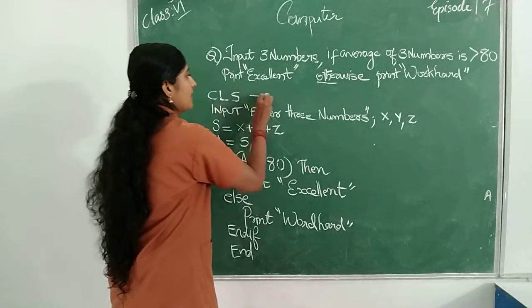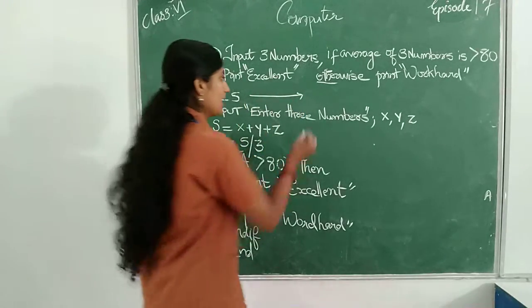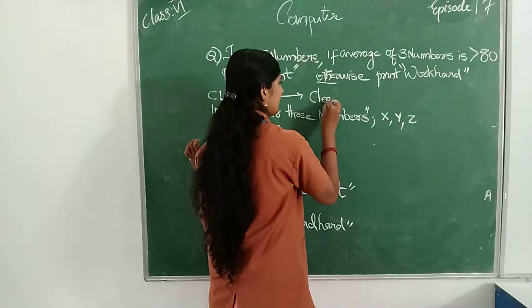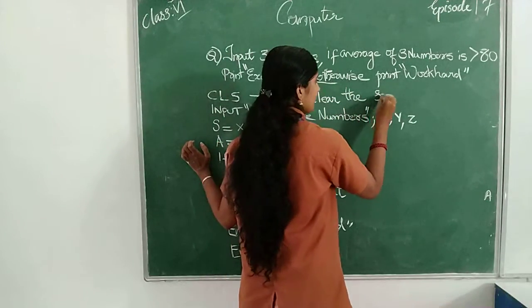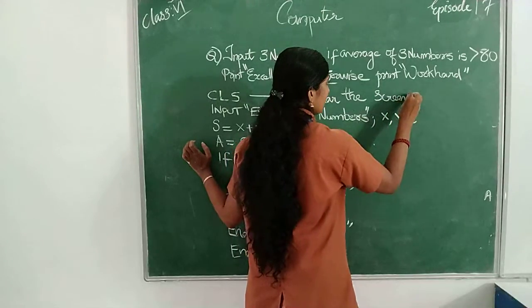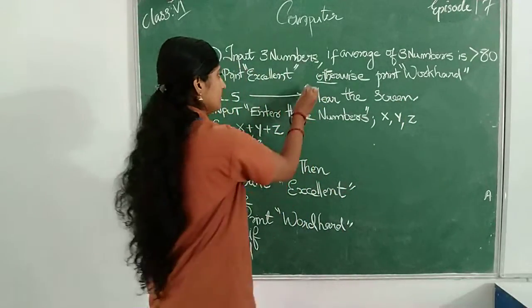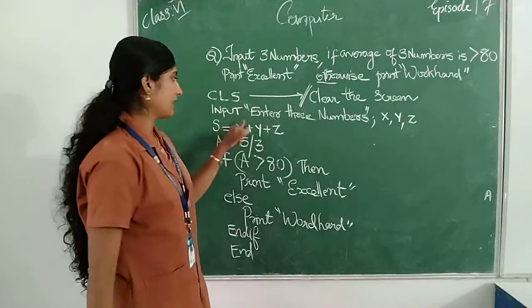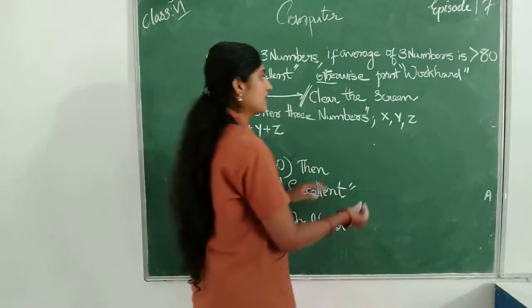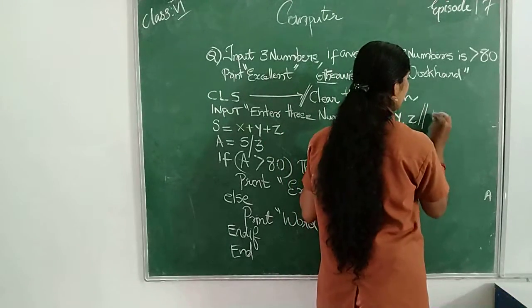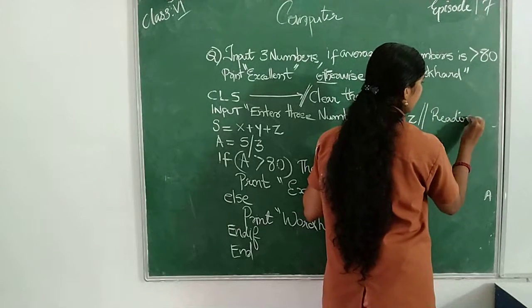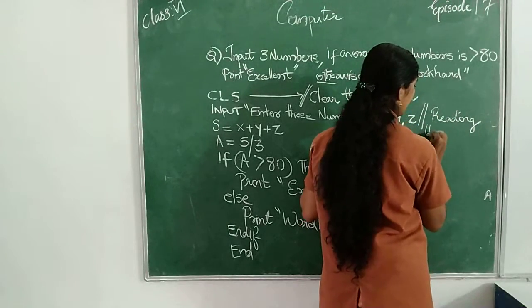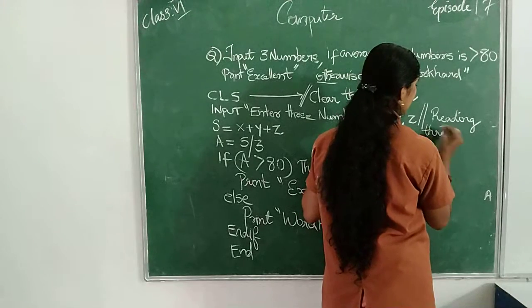So once again CLS means clear screen. Then input, enter 3 numbers means reading 3 values.